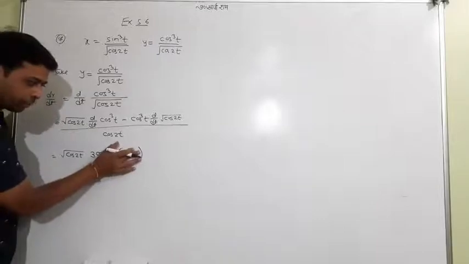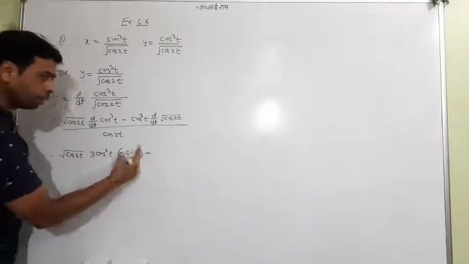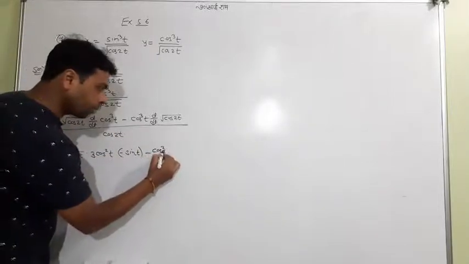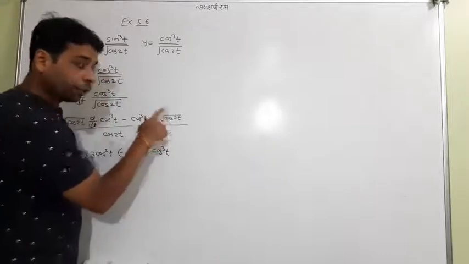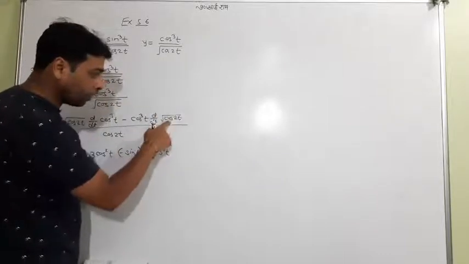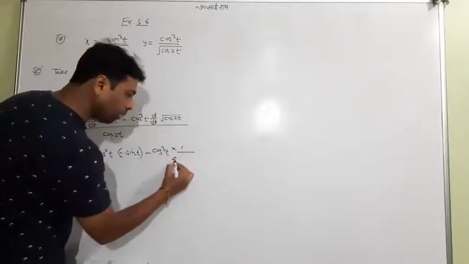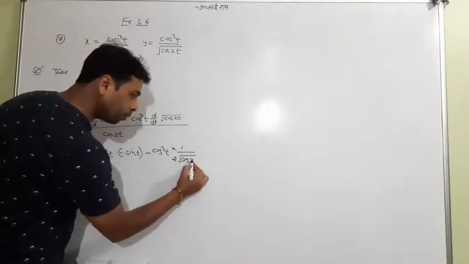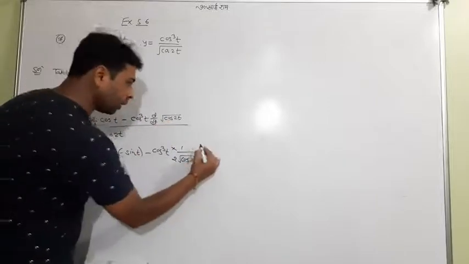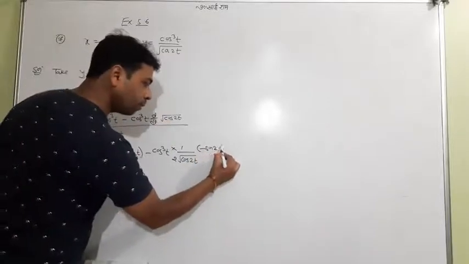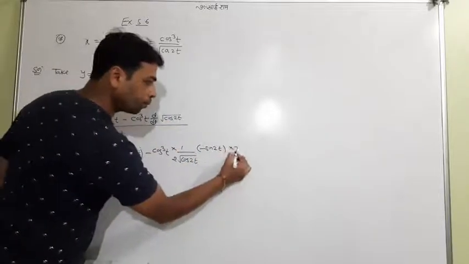Minus sin t. Look at here, it is cos cube t. It's a 3 function here: root function, cos function, and 2t function. So the root function has differentiation 1 by 2 into the same. Again the derivative of cos is minus sin 2t. Then again the derivative of 2t is 2.